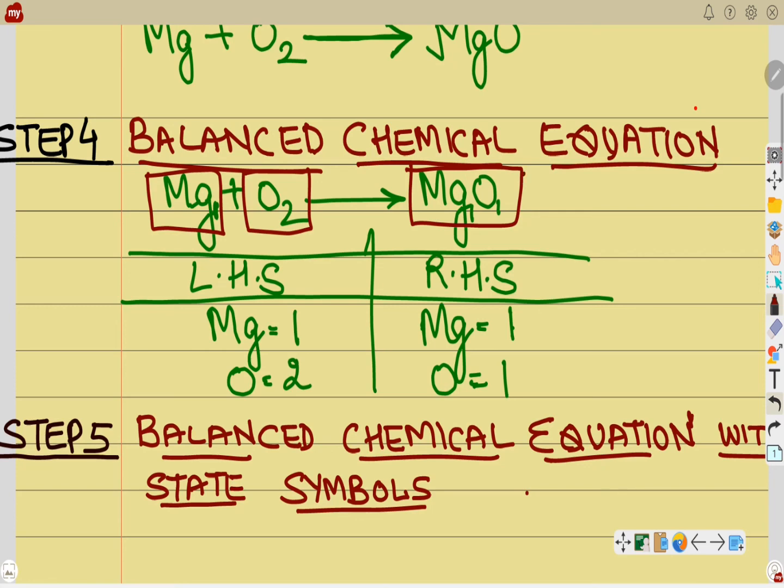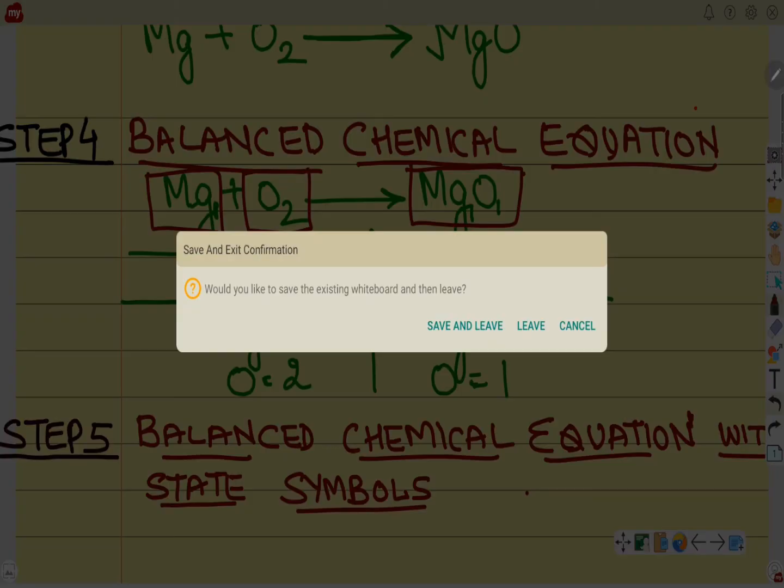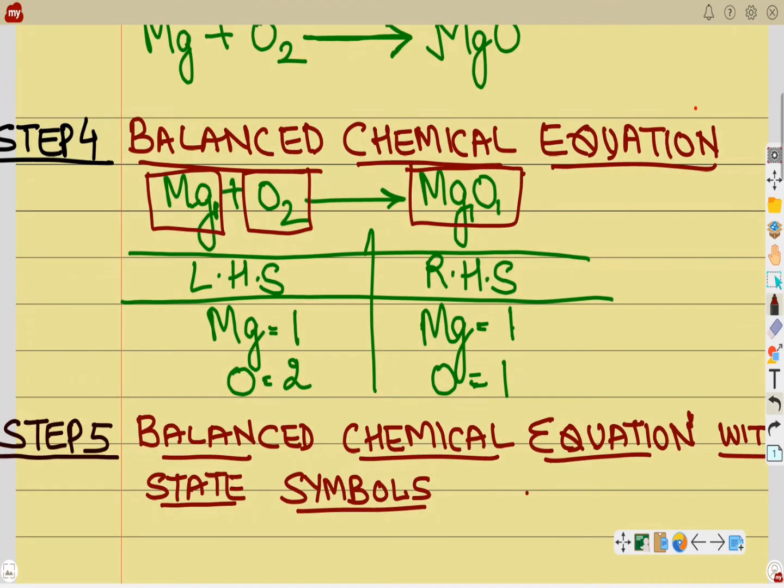At the most, what you can do is write a number as the coefficient. So to make oxygen 2, if we multiply any number in the coefficient with 1, we get that number. If we write 2 here, 2 will be multiplied with 1, and 1 into 2 will become 2.